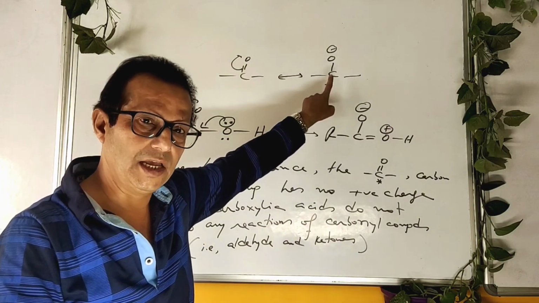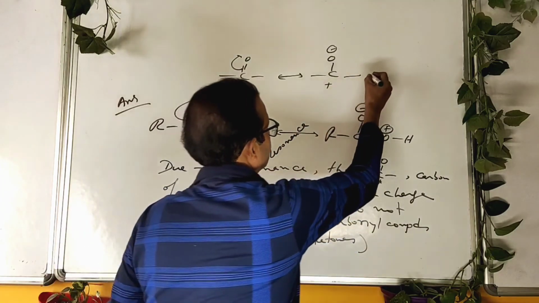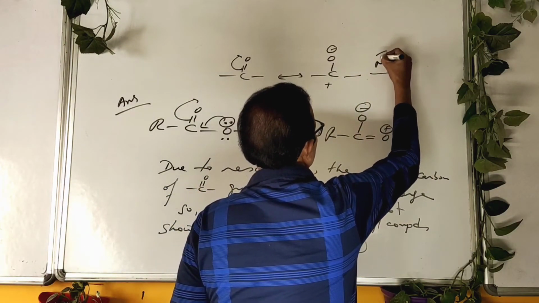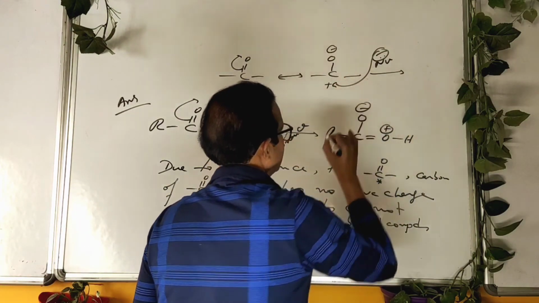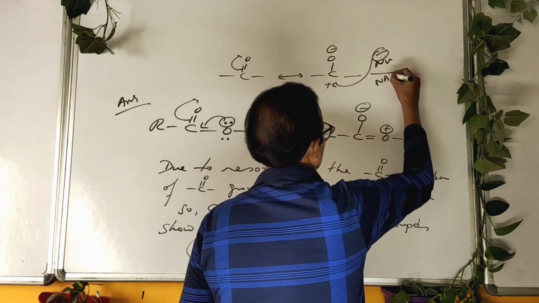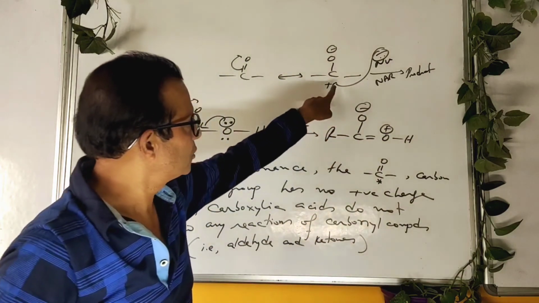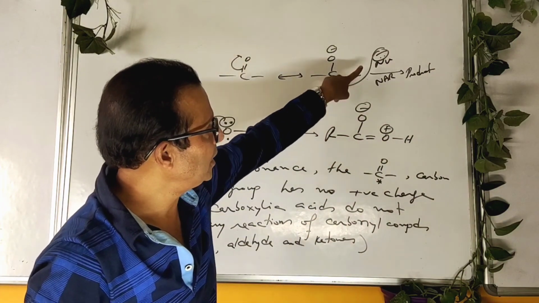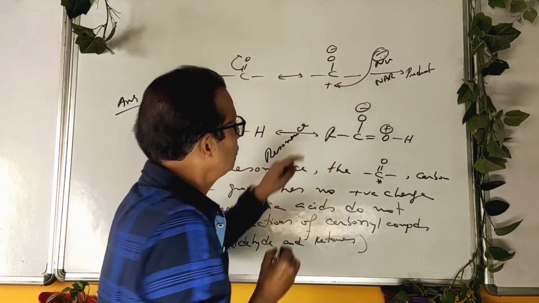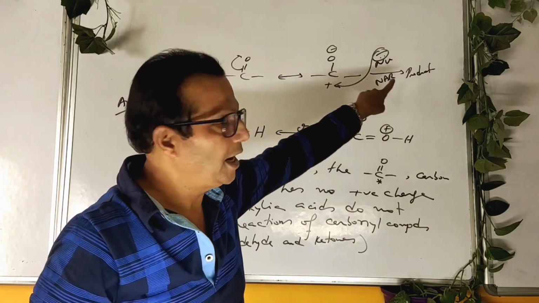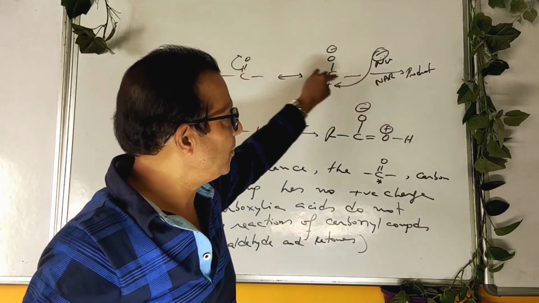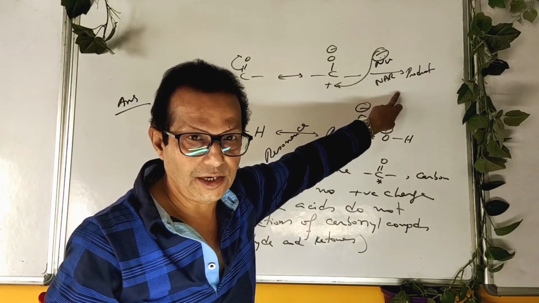In previous classes, I have already discussed this. So the nucleophile easily gets attached to the positively charged carbon and we get the product. These types of reactions are called nucleophilic addition reactions.